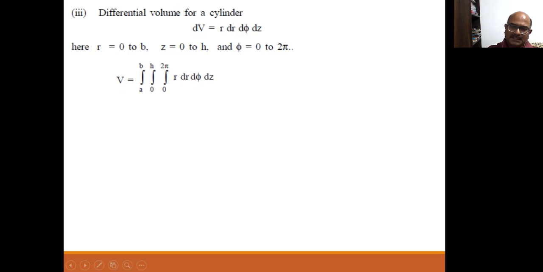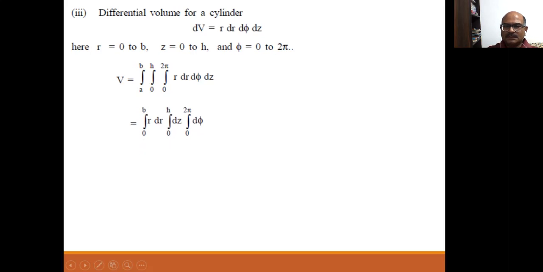So we'll put the values in the triple integration to find the total volume of the cylinder, where the first is for r, 0 to b, second is for the height, 0 to h, third is for the rotation, 0 to 2 pi. And we'll put the value for dV, r dr d phi dz.